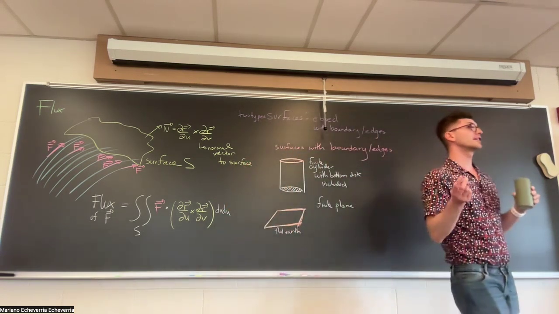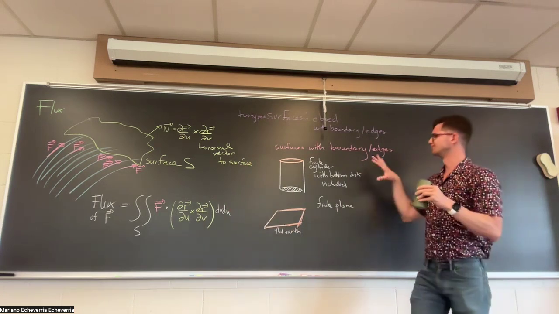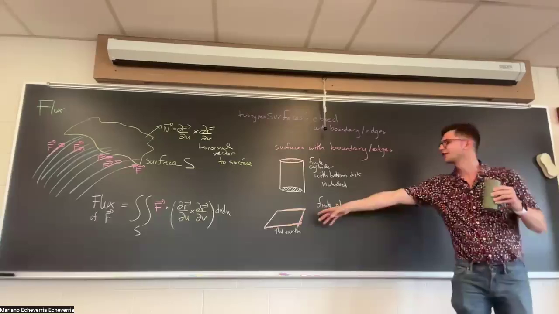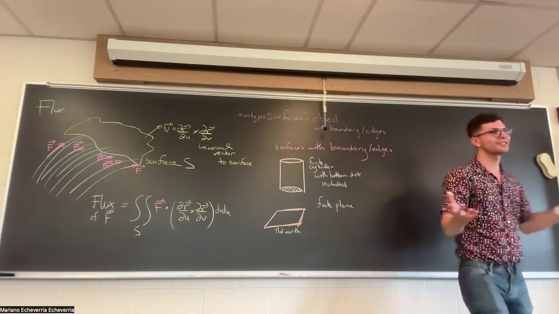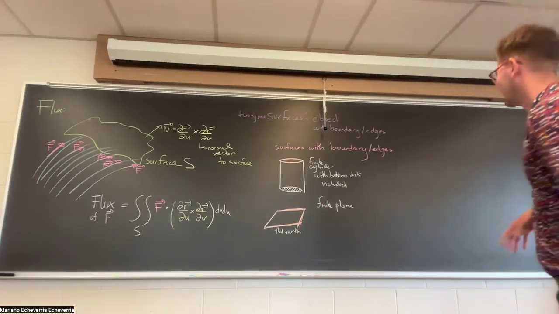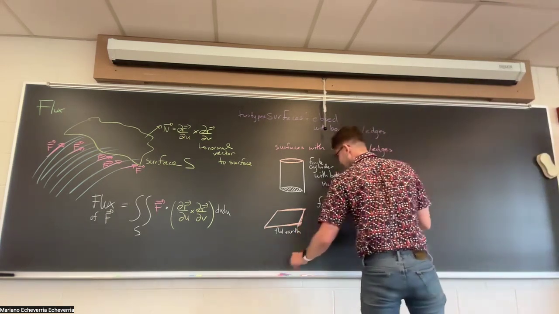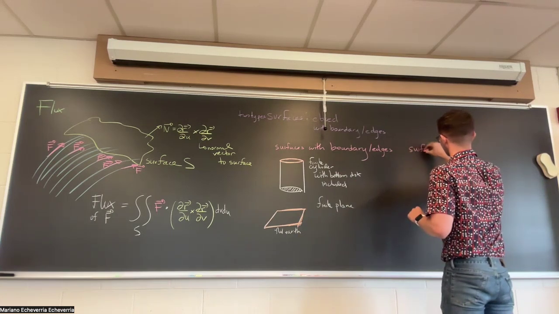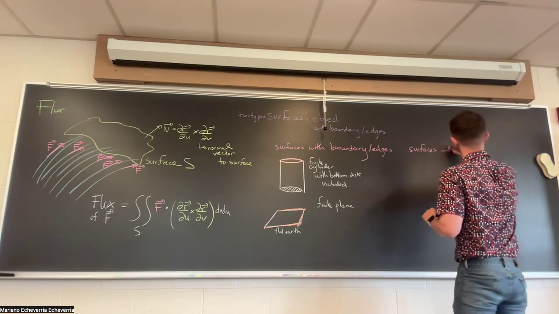In fact, the exact opposite of a surface with boundary is something without boundary, like the sphere. Let's put surfaces without boundary, because that's a nice comparison to have.